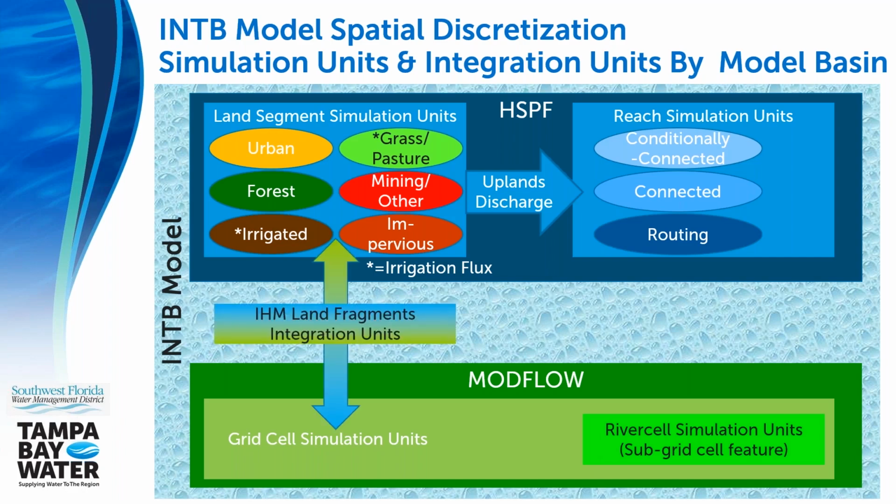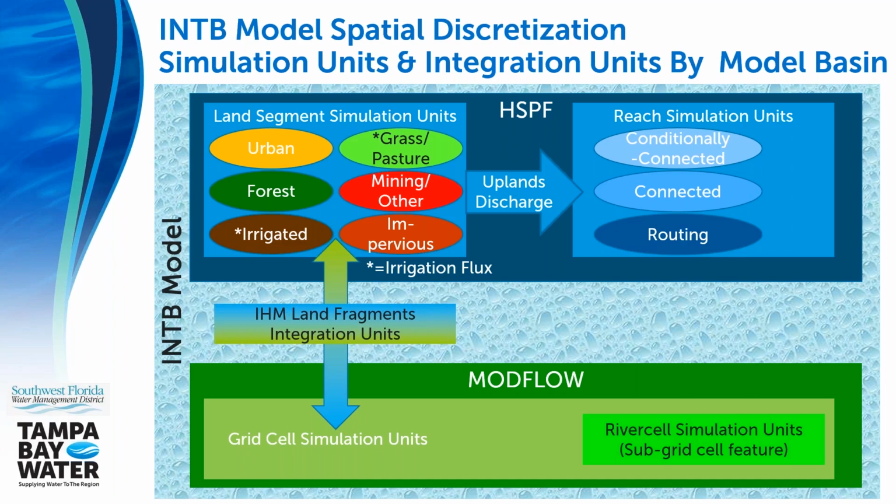And then because we have these disparate discretizations between HSPF and MODFLOW, we need to develop a scheme to allow IHM to communicate simulated responses between HSPF and MODFLOW throughout the simulation. And these are called IHM land fragments.